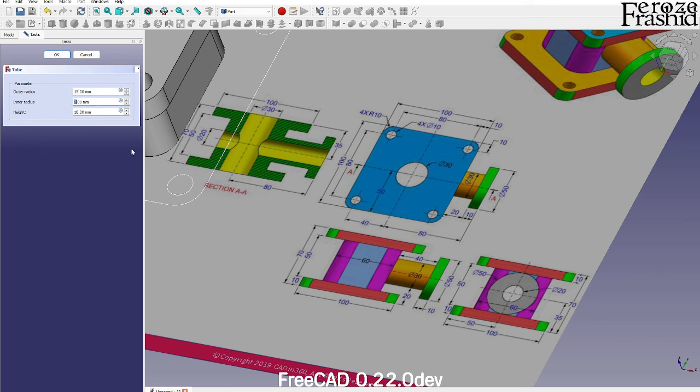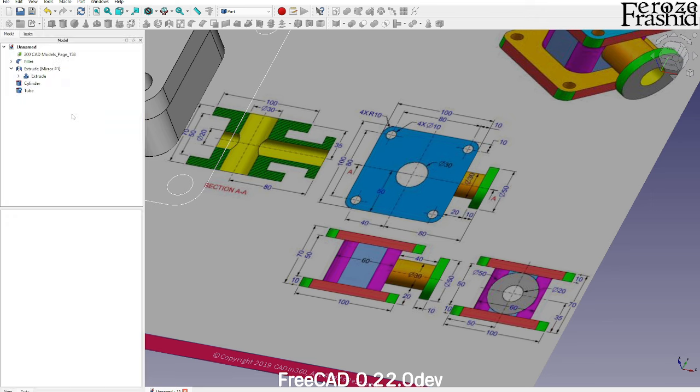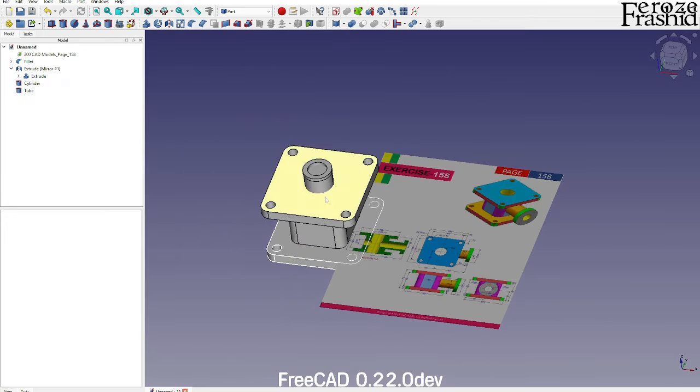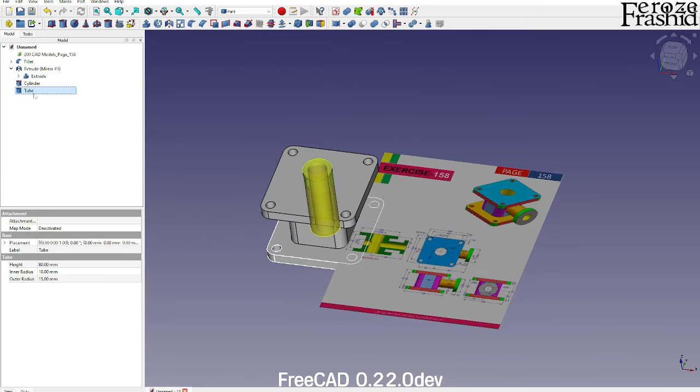Okay. And on the height wise, so from this center to there, it is 80. We will take that 80. Okay, so here's the tube.